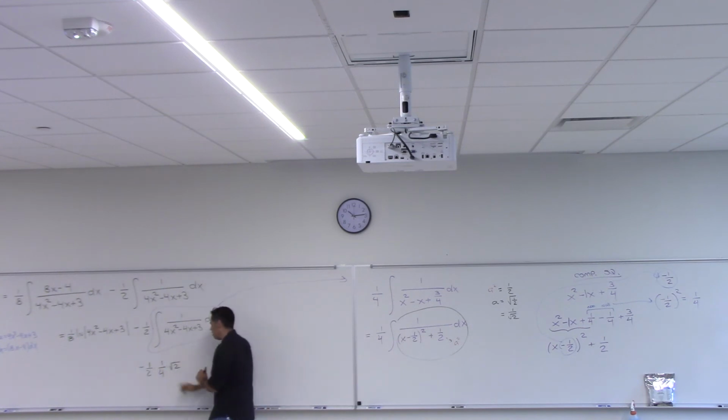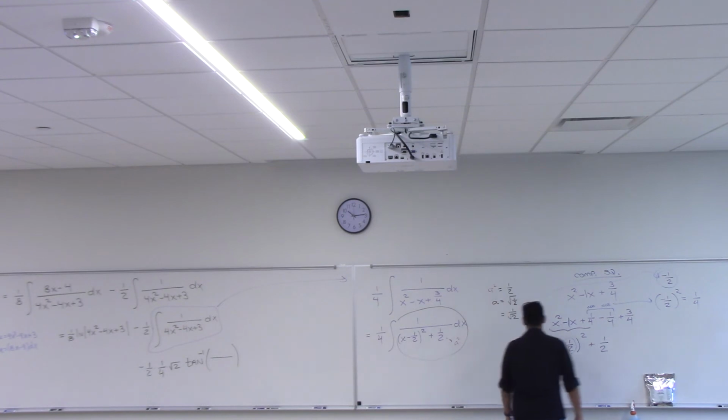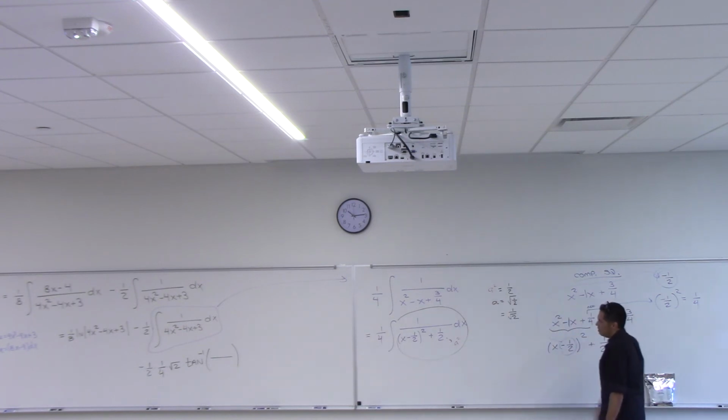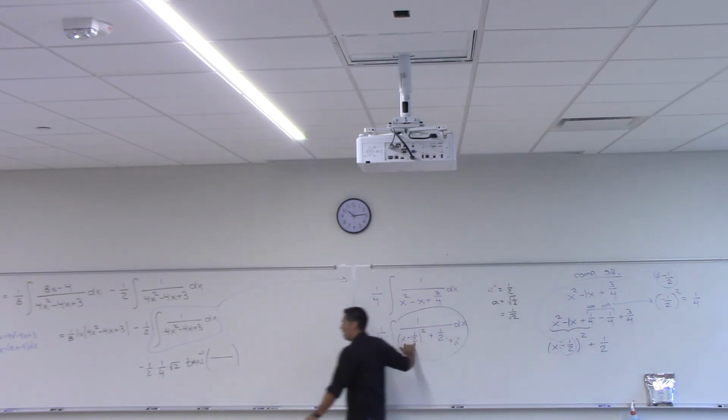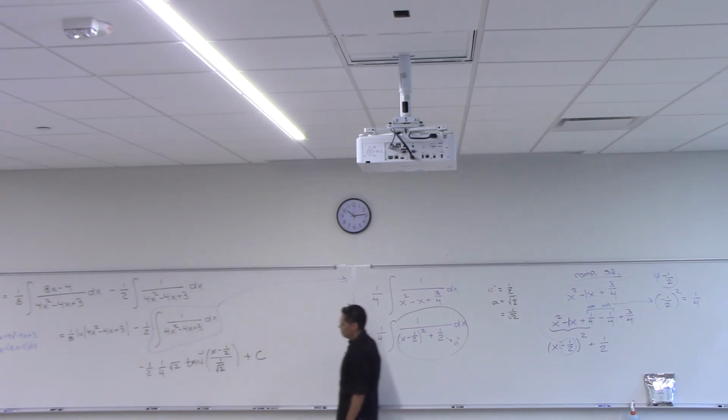That's 1 over a, inverse tangent, formula 17, and then u over a. U for us is x minus a half, over a, but a was 1 over the square root of 2, plus c. I'm done.